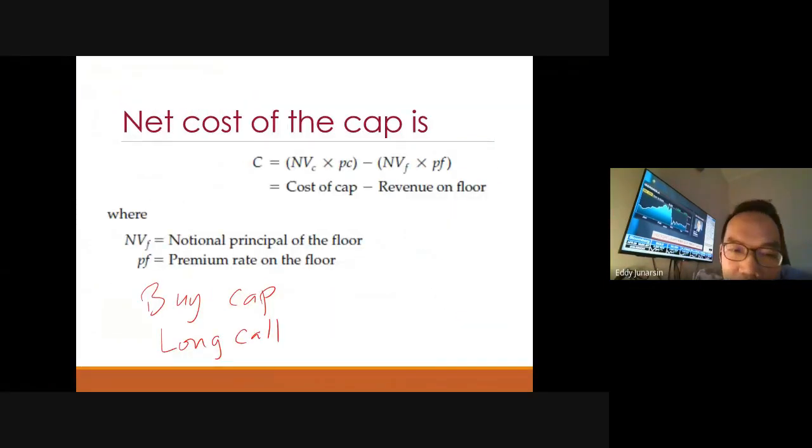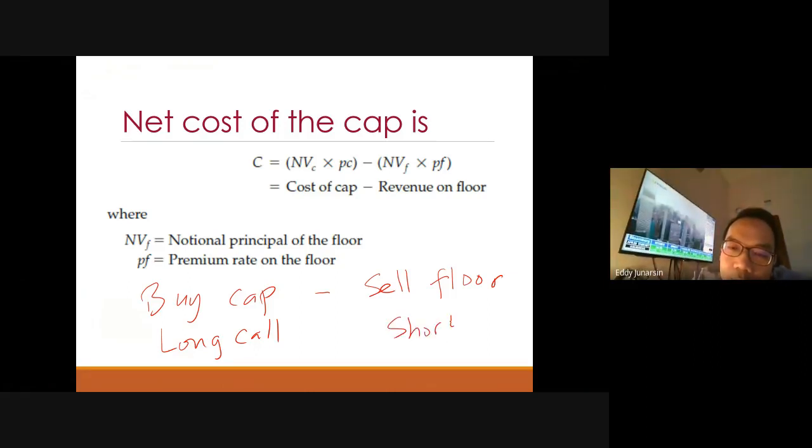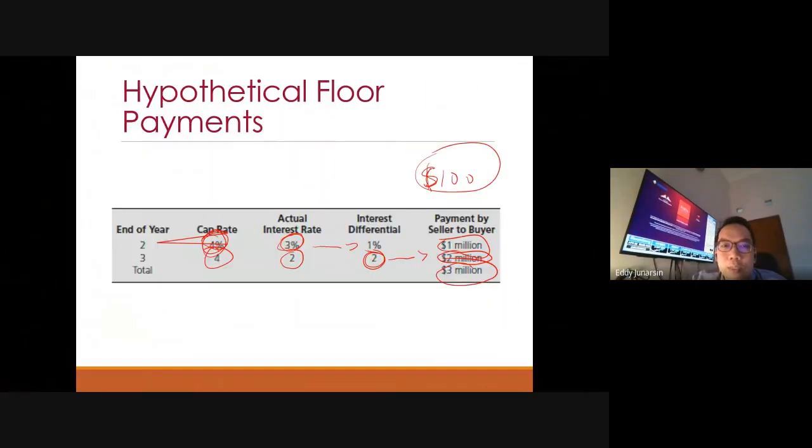So you try to reduce the option premium that you have to pay by selling floor. So selling floor means what? You short put, right? Okay, so if you buy the floor, like our previous example, this is long put position.